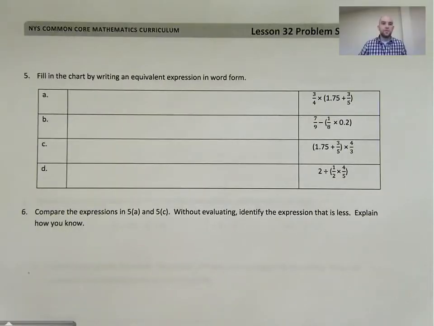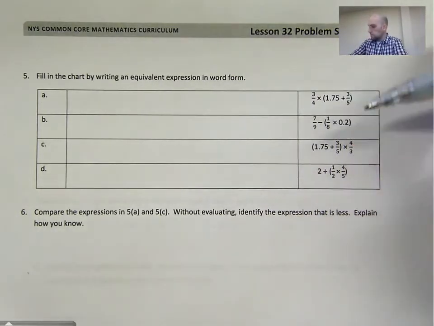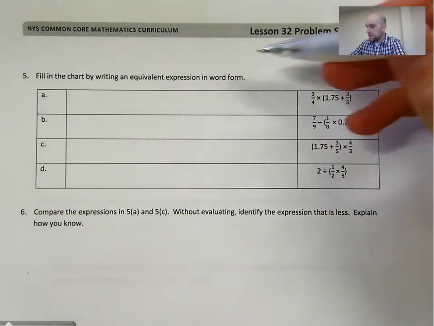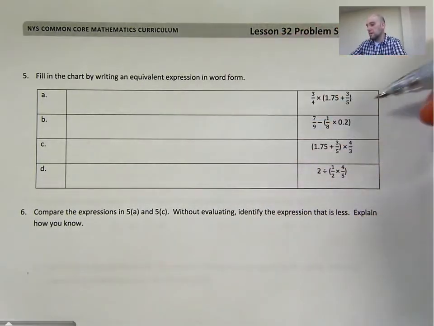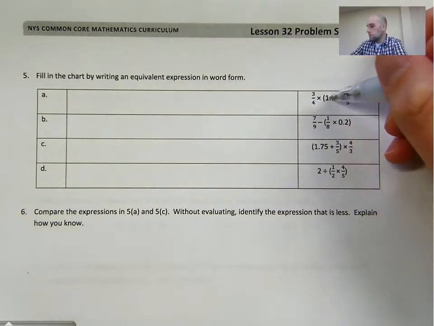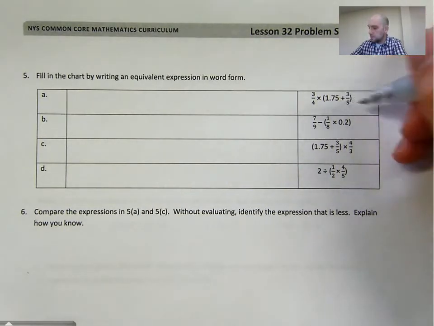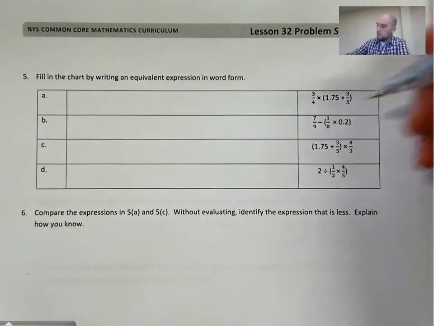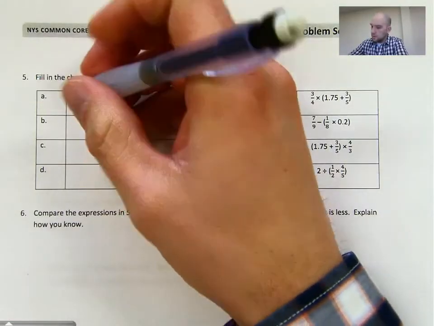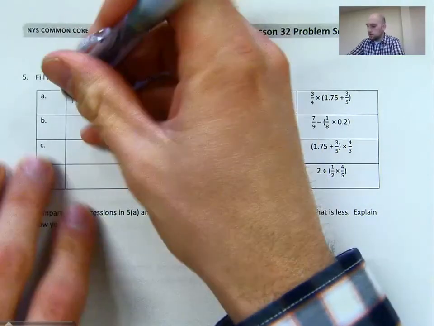So now we're going to do this same chart except the opposite way. So letter A, this time is going to tell us the expression, and we need to put it in word form. So we have 3/4 times 1.75, or 1 and 75 hundredths, plus 3/5. So I'm going to say 3/4. And I can just use a number for that.